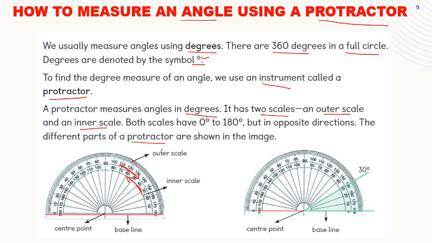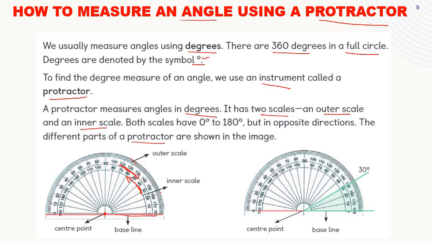The different parts of a protractor you can see in the given images. Now, see the parts of a protractor, children. This is called the baseline. This is called the center point. This is the inner scale and this is the outer scale. They are in opposite directions.